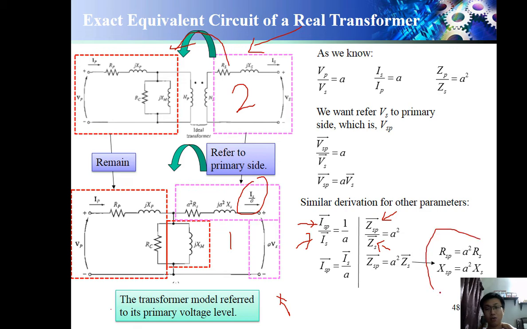So I break it into two components, R and X. So my secondary resistance referred to the primary side becomes A square RS. Secondary reactance referred to the primary side becomes A square XS. So this is how we refer.